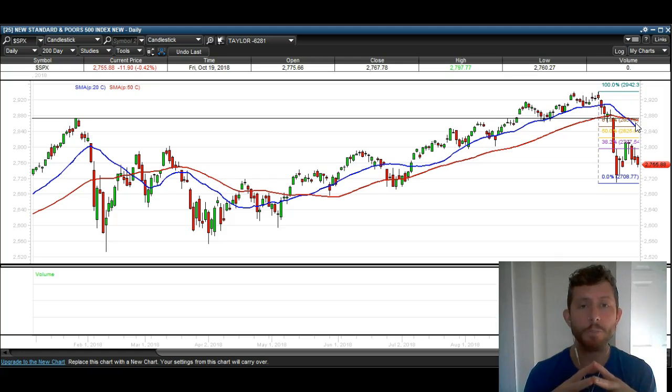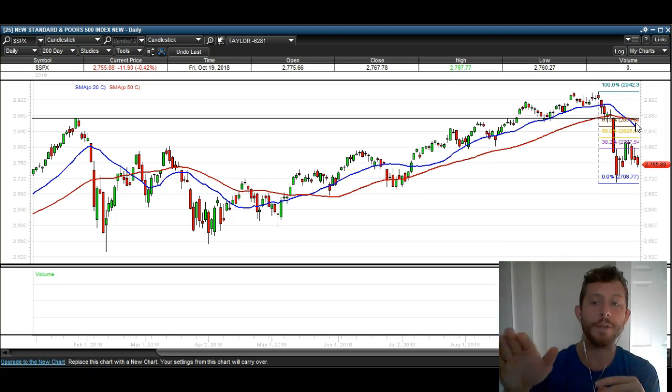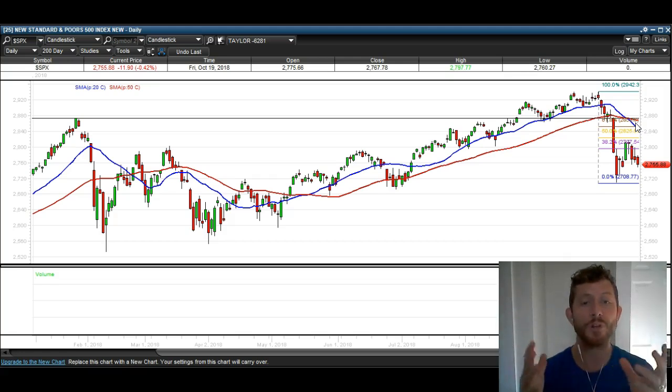Nobody knows what's going to happen that far in advance in the market, and I don't even know what's going to happen tomorrow. I'm just using the probabilities, and the probabilities are favoring a near-term bounce and a rejection once we get up to this level here. So that's what I'm seeing in the market, and I hope this really helps you out.